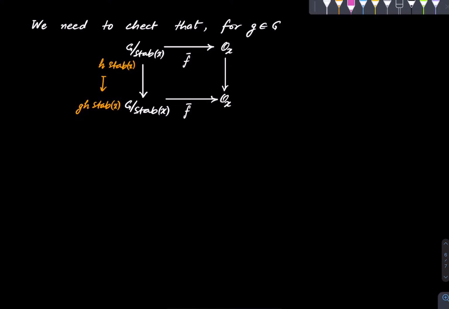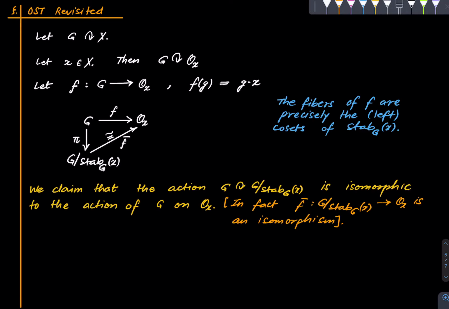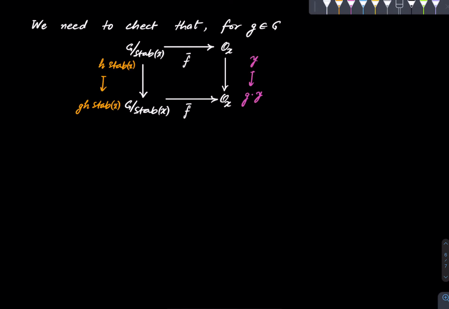And on the right hand side, it takes y to g dot y. So this dot refers to the abstract action that we started with. All right, so we need to check that for all g in G, the following diagram commutes.